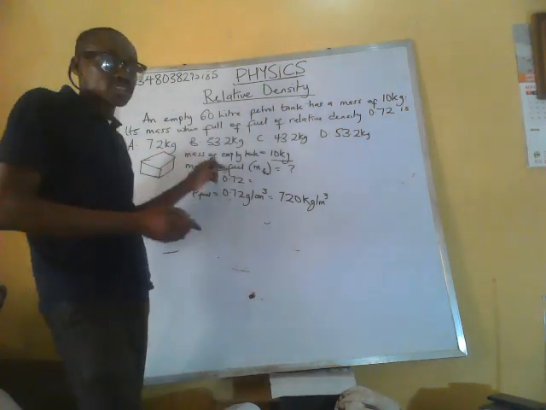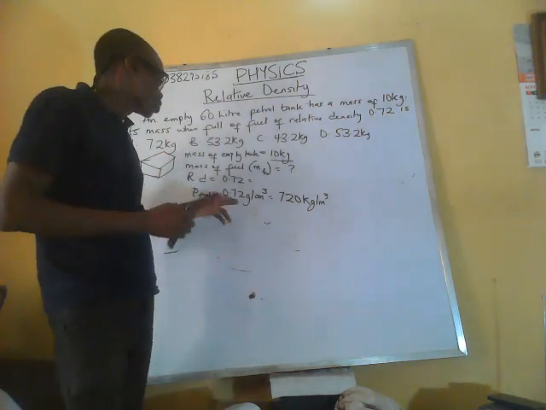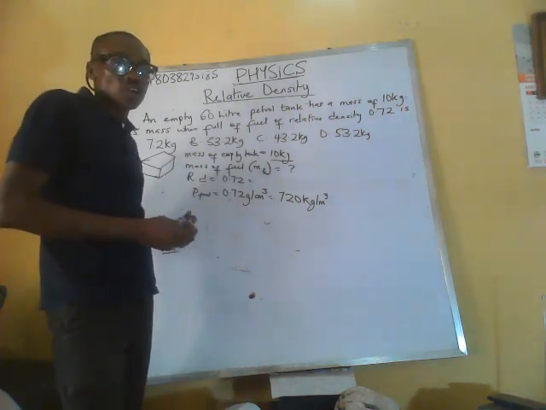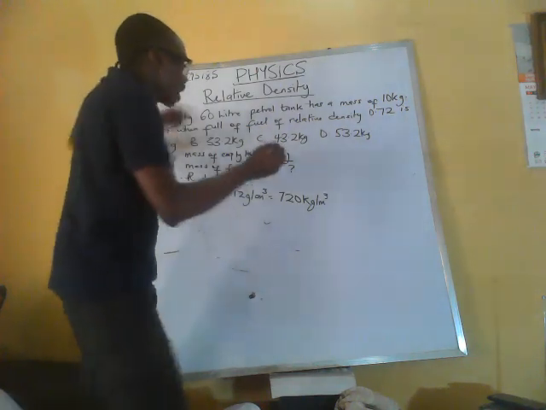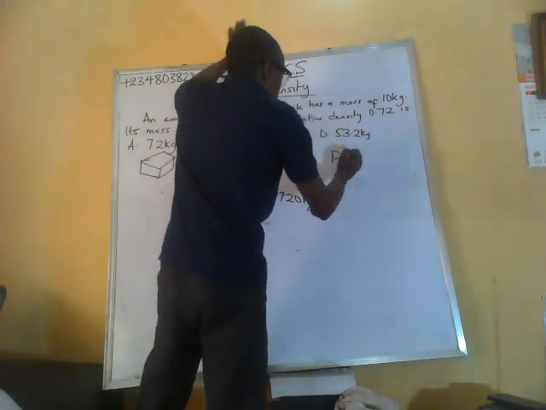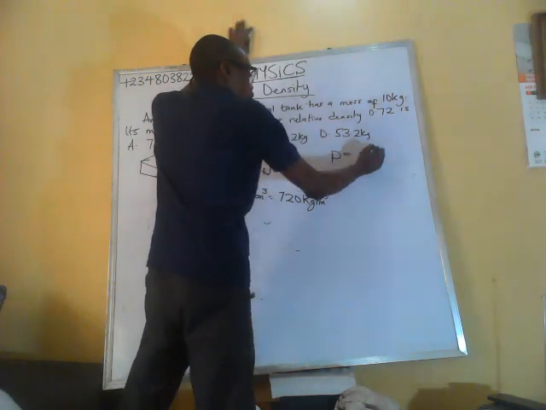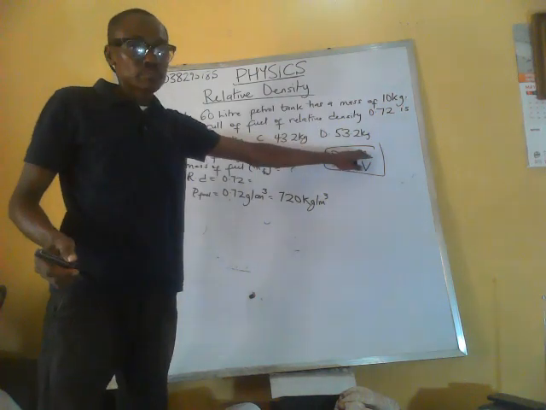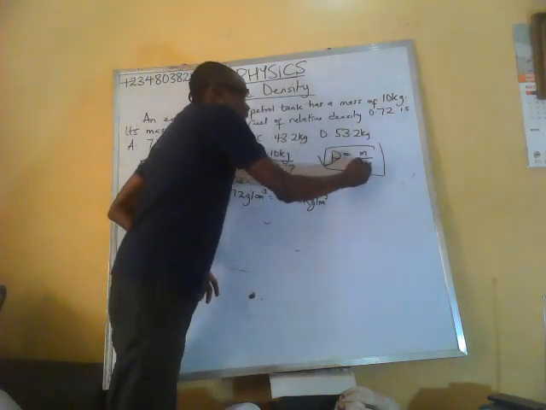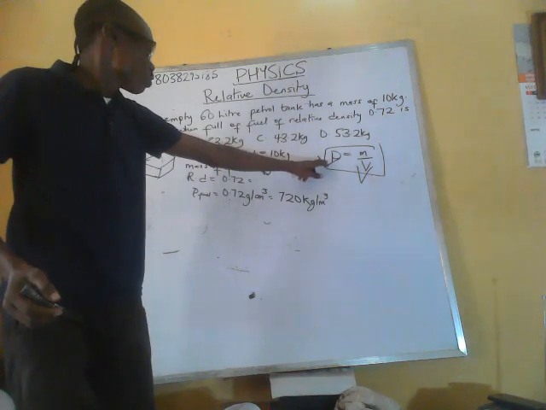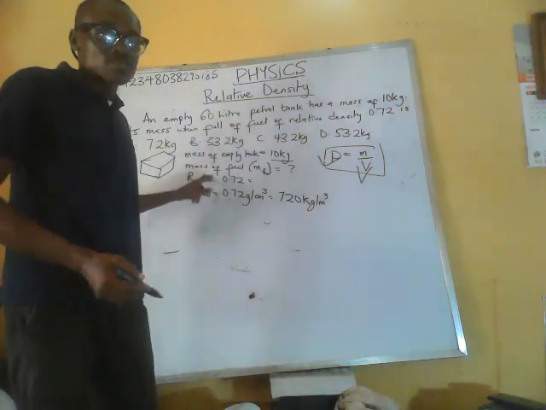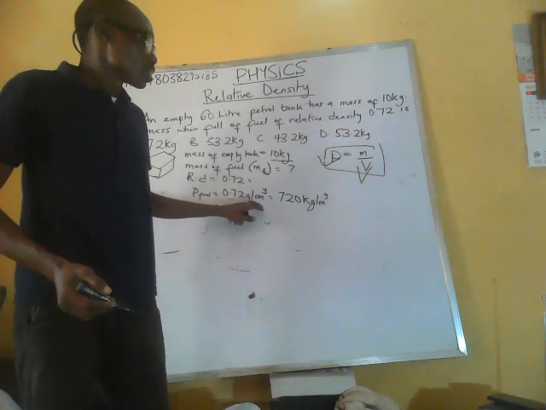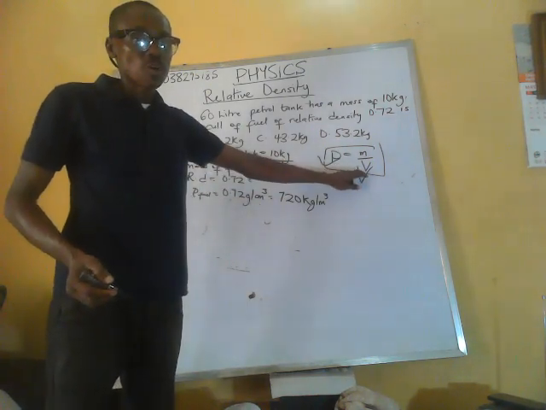So before we can calculate the mass of fuel, we need to know the volume and the density. From the formula, density is equal to mass over volume. For us to calculate the mass of fuel, we need to know the density of the fuel and the volume of the fuel. The density of the fuel was given indirectly in the form of the relative density. So we know the density right now.